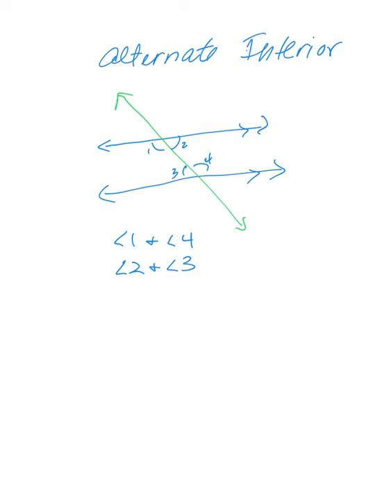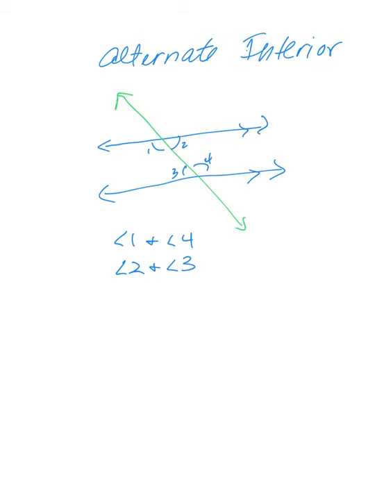Okay? I would say that between vertical angles, which we already learned, the ones on the X, and alternate interior angles, those are the two most important ones that come up in more problems than any other one. Okay? Every once in a while you get a corresponding, and that would be a harder question.